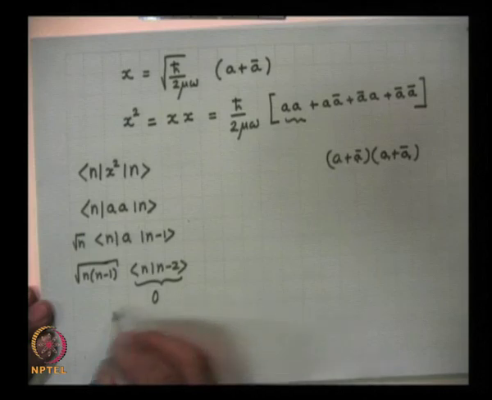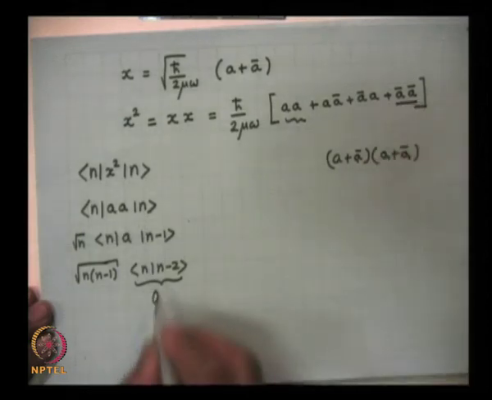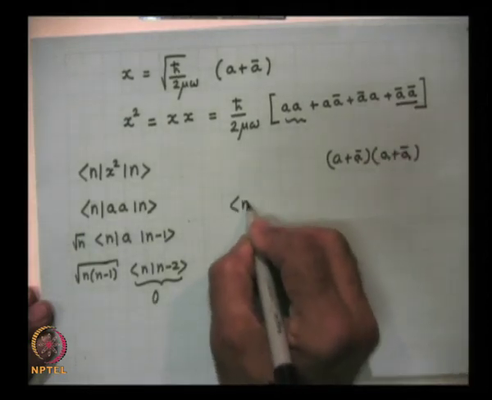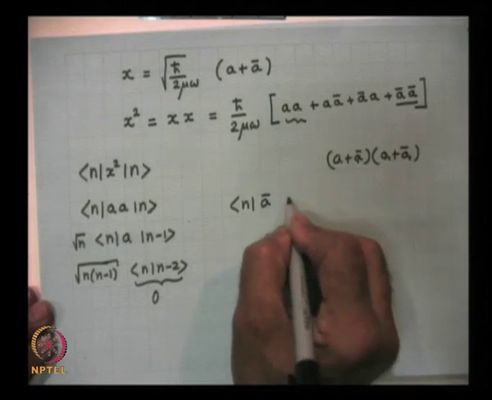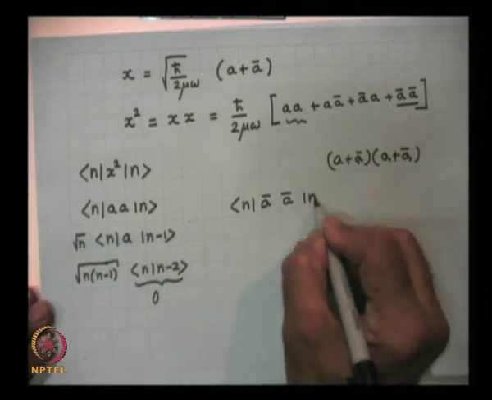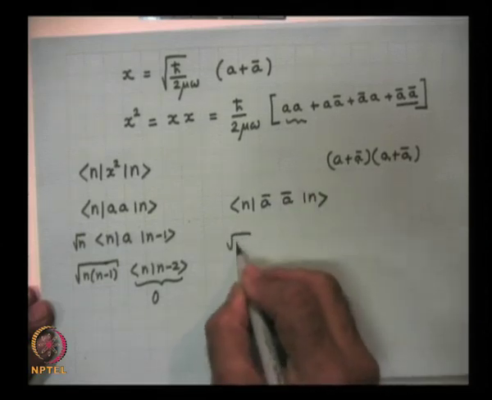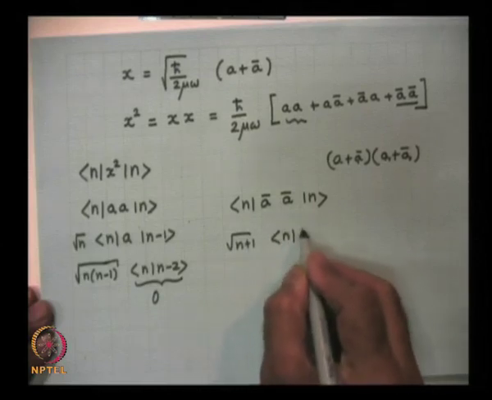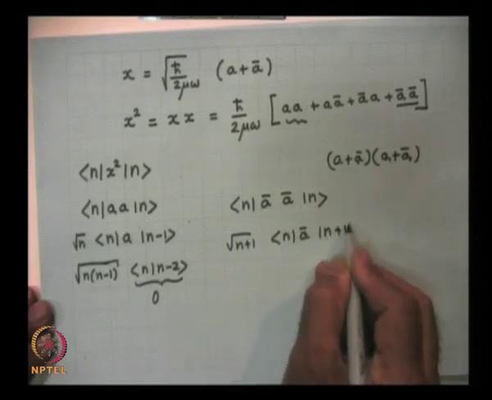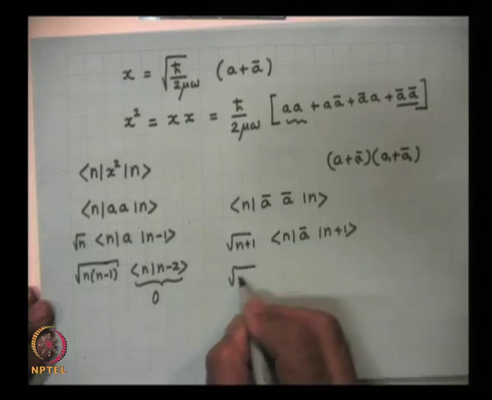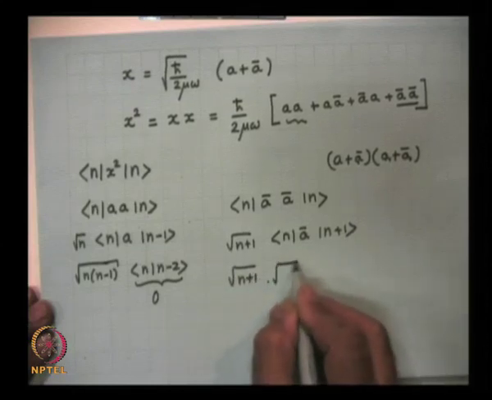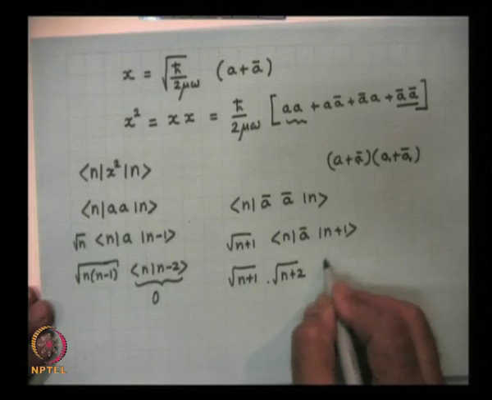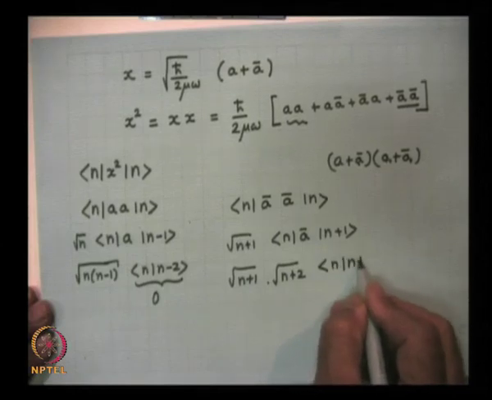Similarly, a bar. So, you have bra n a bar a bar ket n. This will be square root of n plus 1, bra n a bar ket n plus 1, and this will be square root of n plus 1 times square root of n plus 2, ket n plus 2.